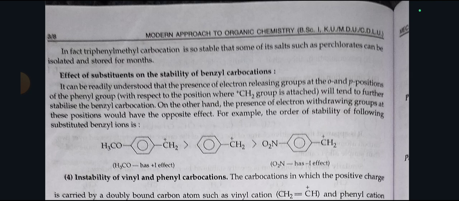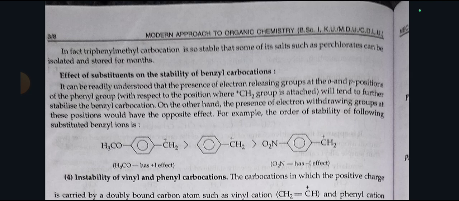It can be readily understood that the presence of an electron releasing group at the ortho and para positions of the phenyl group, with respect to the position where the CH2+ group is attached, tends to further stabilize the benzyl carbocation. On the other hand, the presence of an electron withdrawing group at these positions would have the opposite effect.